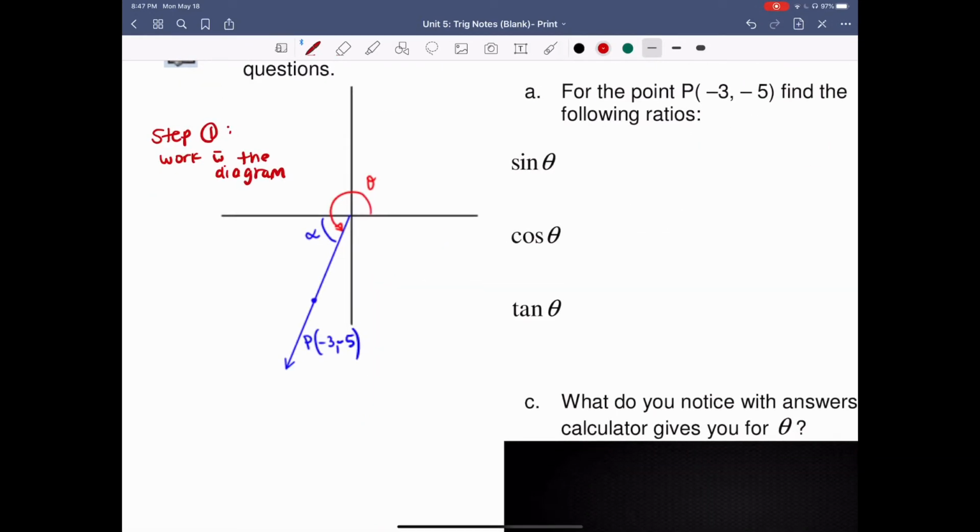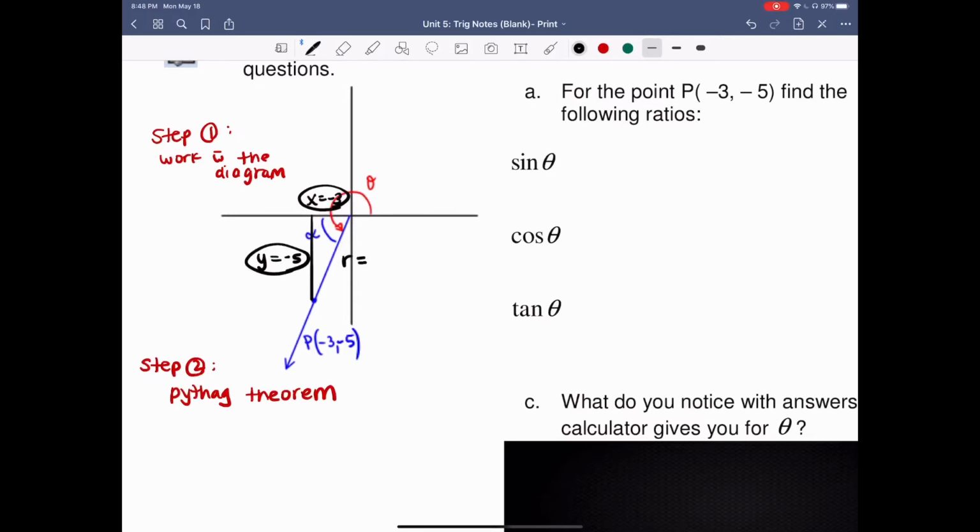Next, I want to break it down because I have the x of the coordinate and I have the y, but I don't know the r. I have no idea what the radius of this triangle is, meaning the hypotenuse. To picture it, x is equal to -3 because you went left 3, and y is equal to -5 because you went down 5.